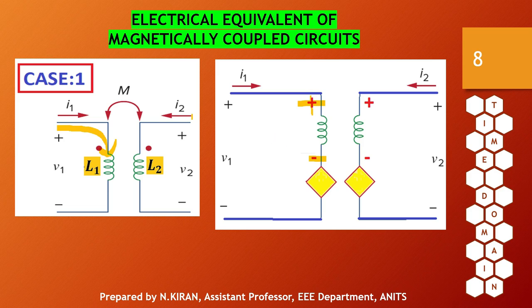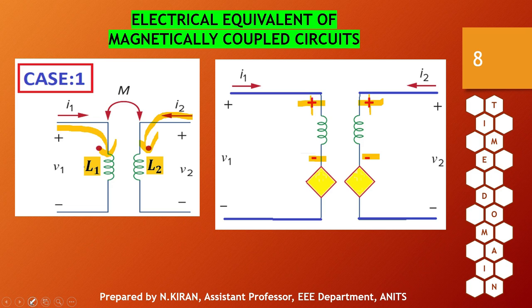Similarly, current I2 is entering at the top terminal of the second coil, and therefore the top terminal of the second coil is indicated by positive and the other end of the second coil is indicated as negative. So this is the polarity of self-induced EMF.